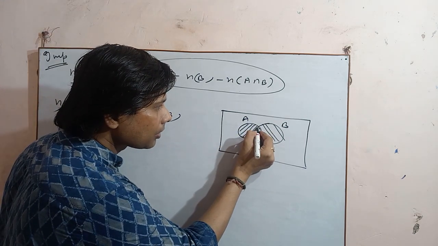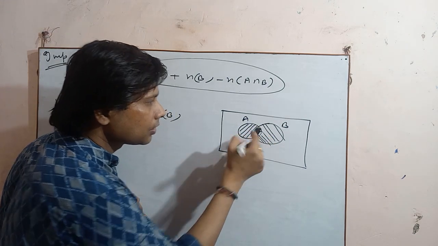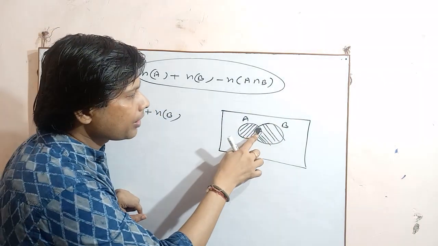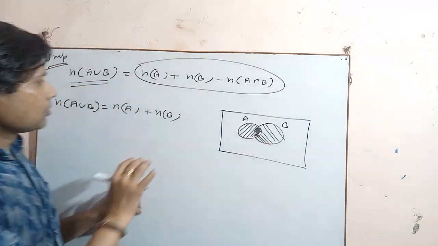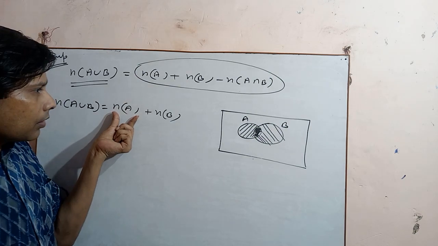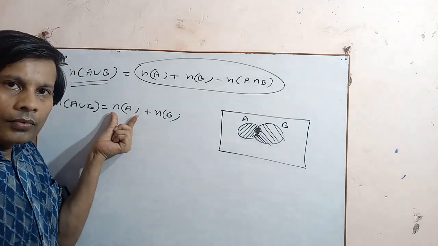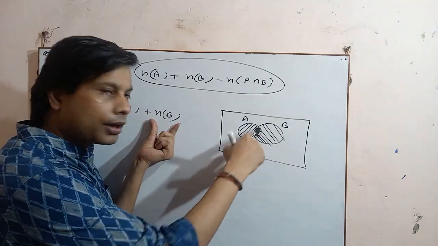So see this part, this is the common part. This common part is in A also and B also. So in A I have taken this part already. Now B I am taking.